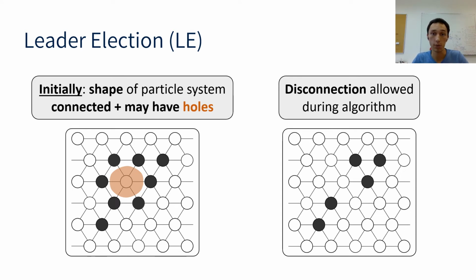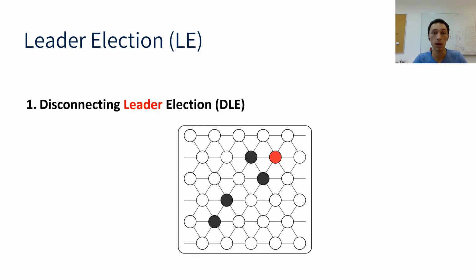We also allow the particle system to disconnect during the algorithm. By that, we mean that the subgraph induced by the occupied nodes is allowed to be disconnected during the algorithm. I do want to point out that this assumption is uncommon. In the disconnecting leader election problem, the algorithm should terminate with one leader particle.